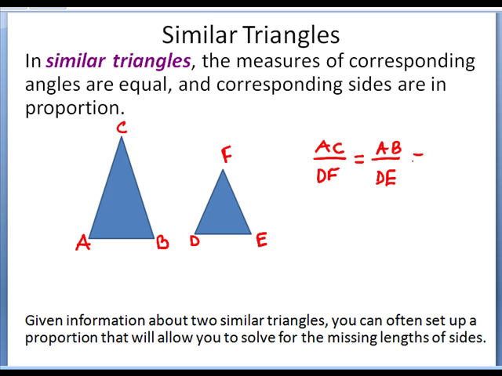And then this is also proportional to the side BC over side EF. So that's what we mean. So given this information that we know the two triangles are similar, we can find the missing length of the sides.